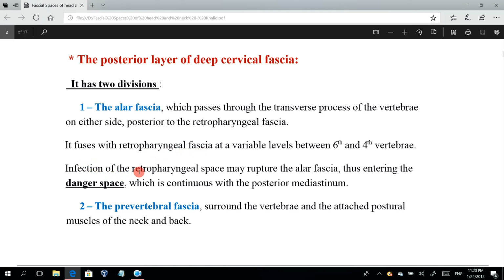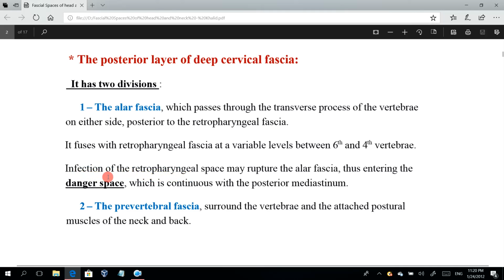Infection of the retropharyngeal space. Behind the pharynx we have a space, which is also a potential space. But in case of infection, a collection of pus and inflammatory fluid may appear and create it.